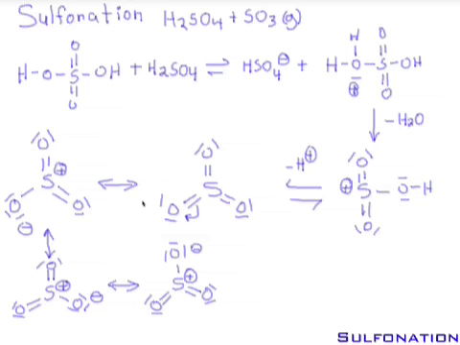All right, so let's take a look at this. We have a benzene, and we react it with S double bond O, double bond O, double bond O. Sulfur gets attacked by the pi cloud of electrons, which pushes out pi electrons towards the oxygen.